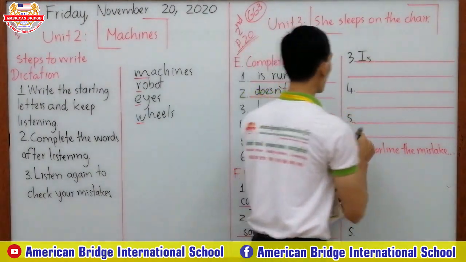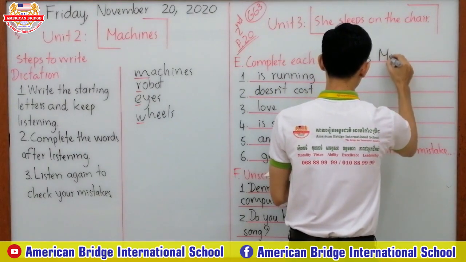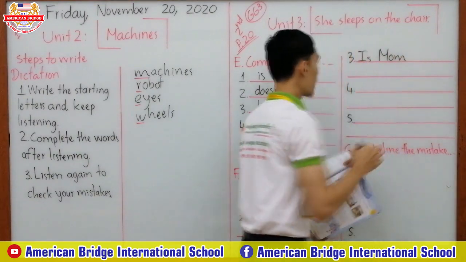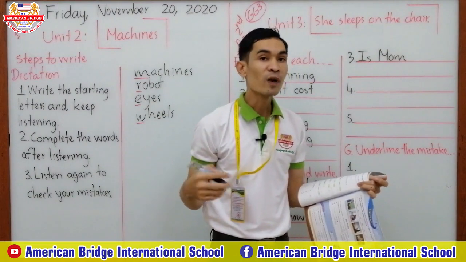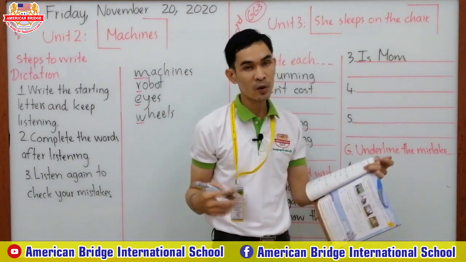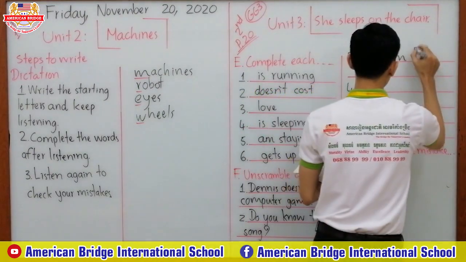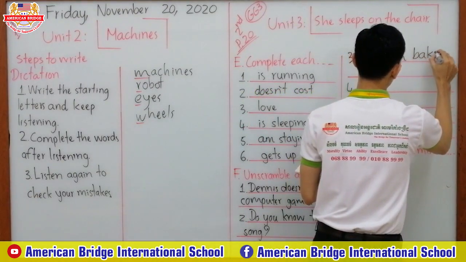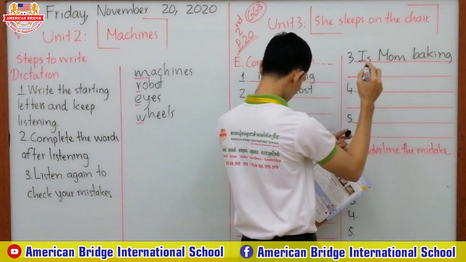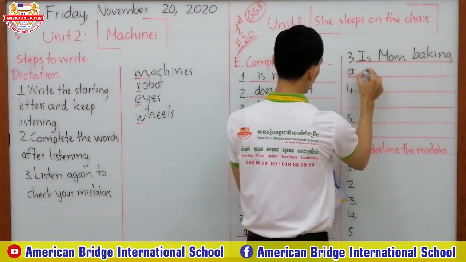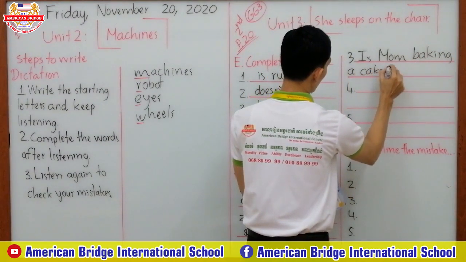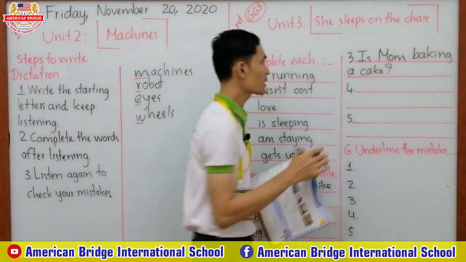Mom, right? Mom is the subject. And after the subject we add verb ing because it is progressive. Where is the verb ing? Baking, right? Baking a cake. Is mom baking a cake?